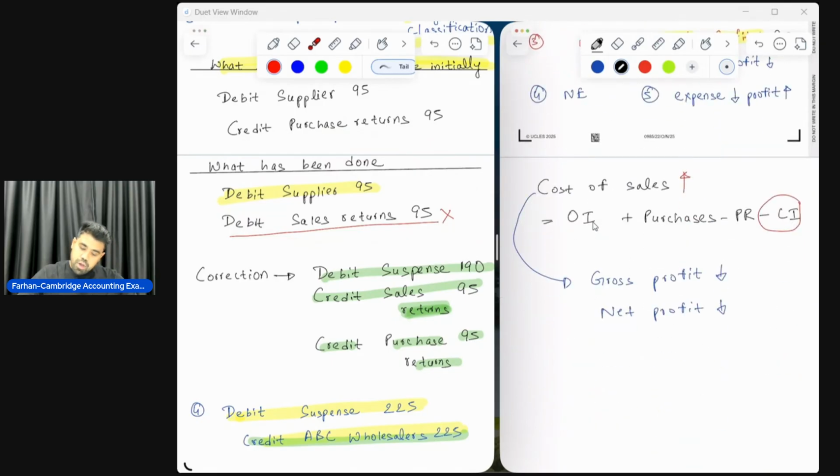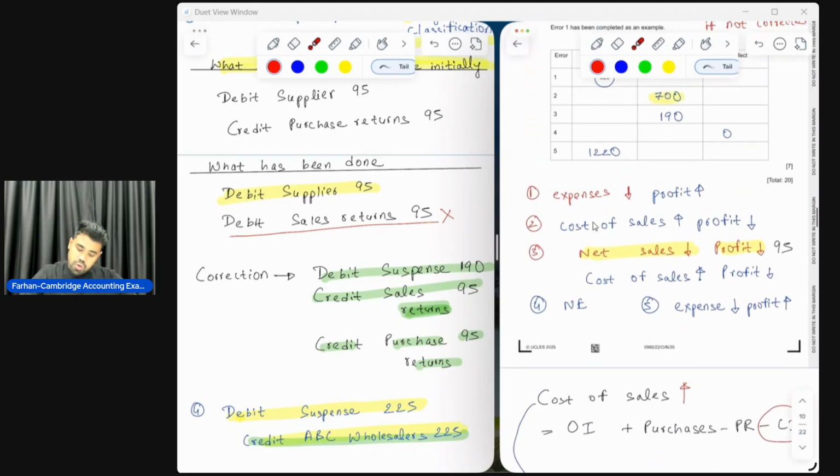You can see purchase returns in this equation is also being subtracted. So if we failed or forgot to record $95 of purchase returns, then that means we're essentially overstating our cost of goods sold by $95, which would again mean gross profit is understated by $95 and ultimately net profit is understated by $95. Isn't that so?